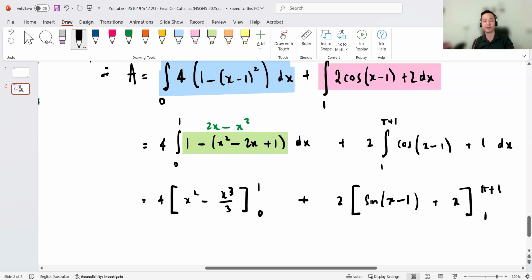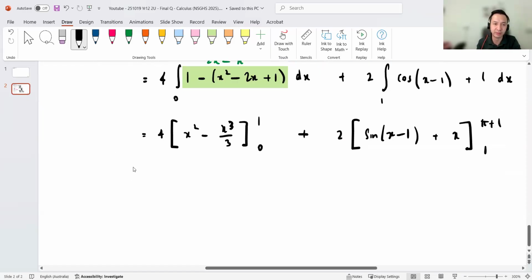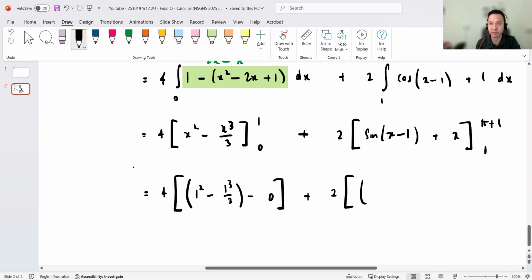5 marks though, North Sydney Girls. Yeah, really straightforward question actually, surprisingly, up until now. So 1 squared minus 1 cubed on 3 minus 0, right? And then plus 2 times, let's see, sub pi plus 1, that's just sine pi plus pi plus 1 minus sine 0 plus 1.